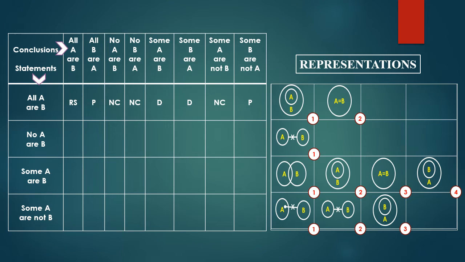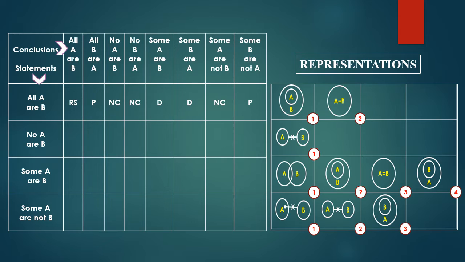Let's try to understand first with all A are B. RS means restatement, P means possibility, NC means no conclusion, D means definite conclusion. So for all A are B, what is all A are B? It is restatement only. Then what is all B are A?